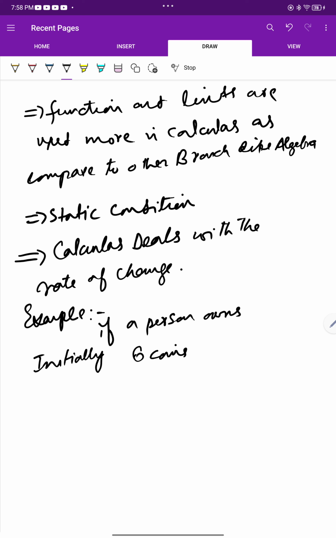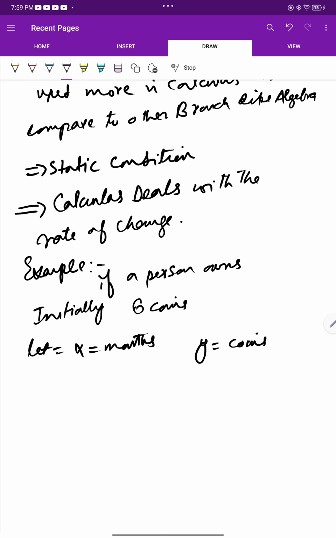Let x be months, because we're using maths, or you can take weeks, and y be coins, because the rate of change is between two things. We need two quantities, so x is equal to months and y is equal to coins.